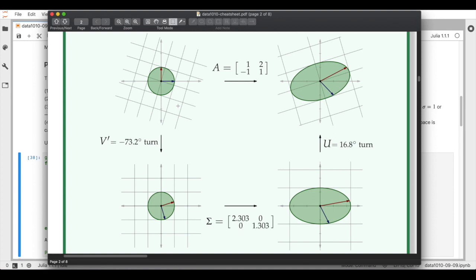But since V is orthogonal, V transpose is its inverse, so V transpose inverse is just V. So putting it all together, the columns of U tell you the axes of the ellipse over here. The columns of V tell you the grid lines over here that map to those grid lines. And the entries of sigma tell you how each stretching happens along those two directions.